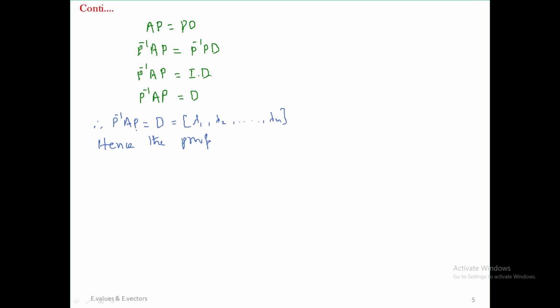If such a P does not exist, for example if A is not diagonalizable, then P has linearly dependent vectors. Once P has linearly dependent vectors, A is not diagonalizable. In the problems I will show you how it is diagonalizable and how it is not. So this is about the proof.